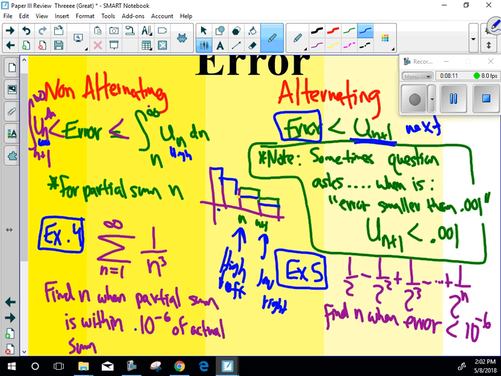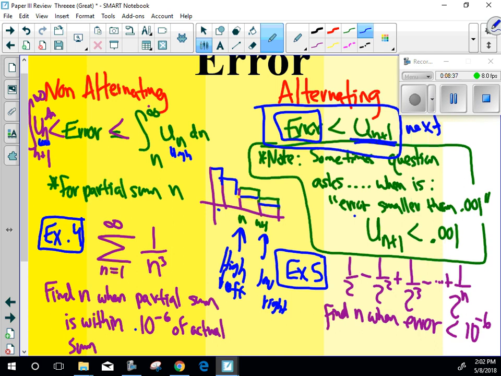So if the error is less than the next term, sometimes the question will ask this, and it's what I call a word formula. The word formula is, when is the error smaller than 0.001? When is the next term less than 0.001? That's different than the reality that the error is less than.